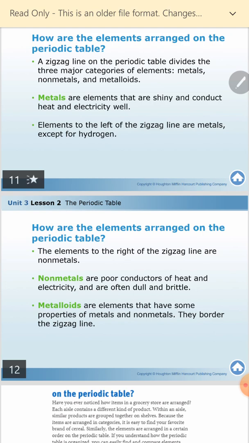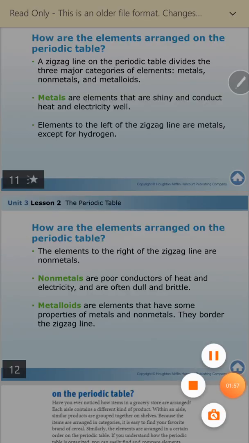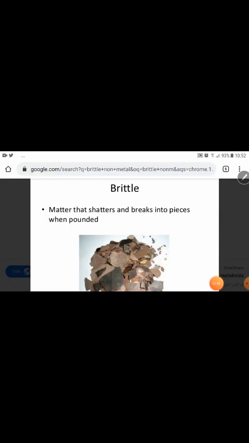No, it will break or shatter into small fragments. I will show you a picture. Here they show us the meaning of brittle: a matter that shatters and breaks into pieces when hit. As you see, this is for non-metals.